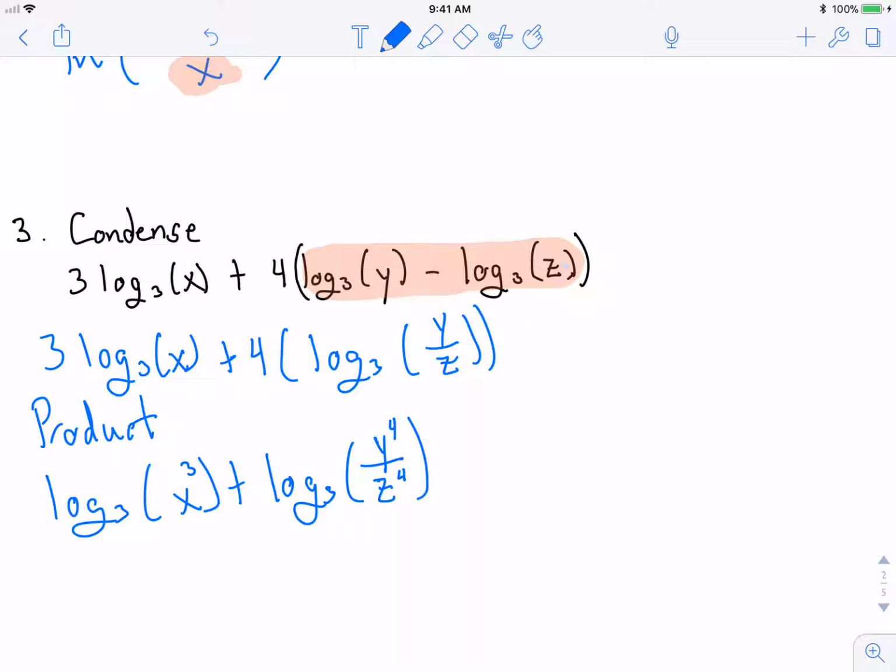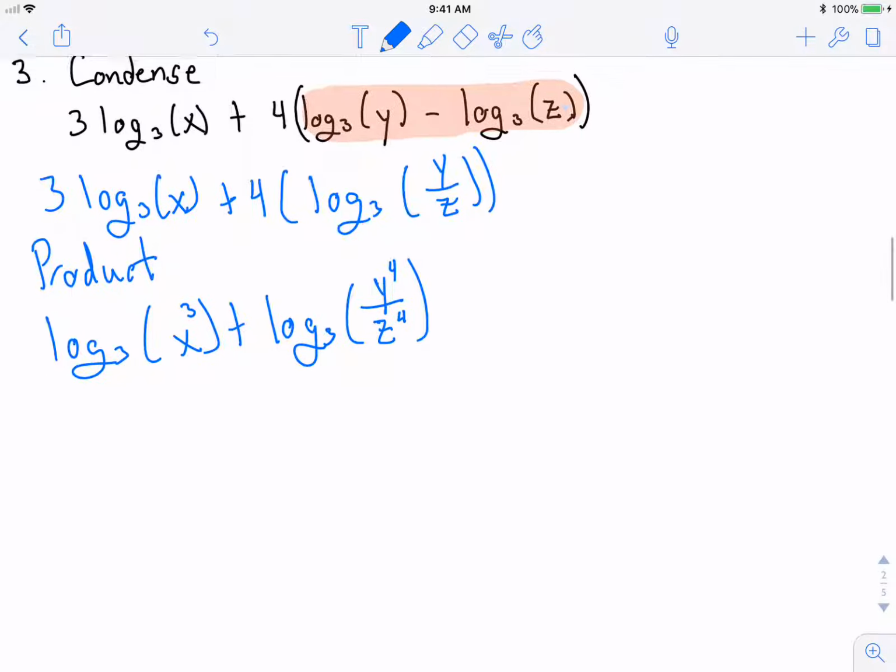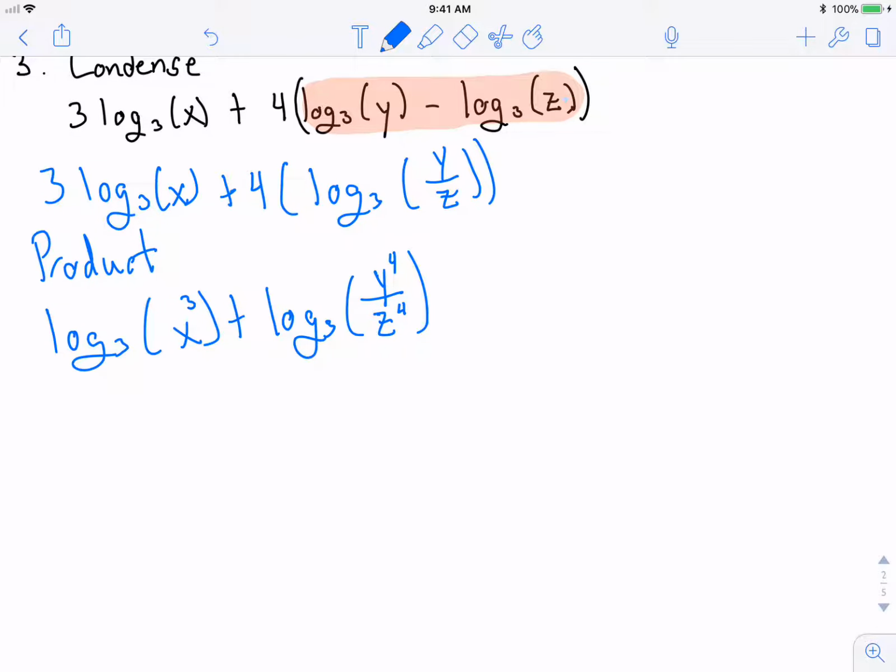Remember, when we move an exponent into a fraction, both the numerator and the denominator are going to get hit. So it's not y to the 4th divided by z, or y divided by z to the 4th. It's always y to the 4th divided by z to the 4th. Now that we've done all of the multiplication on the outside, we finish this off.